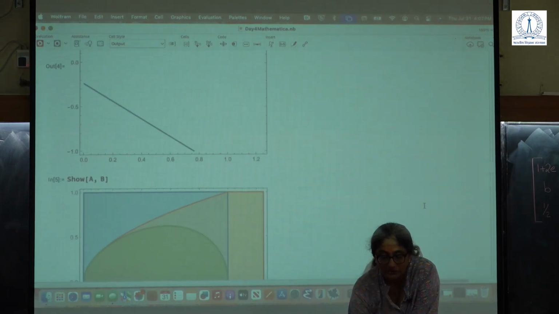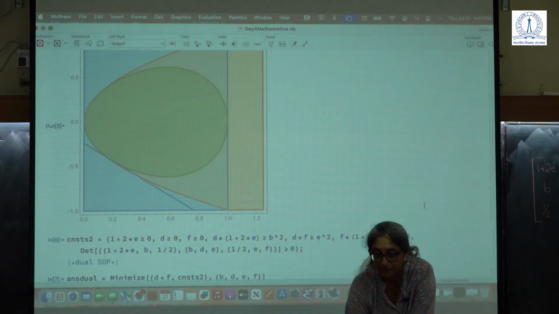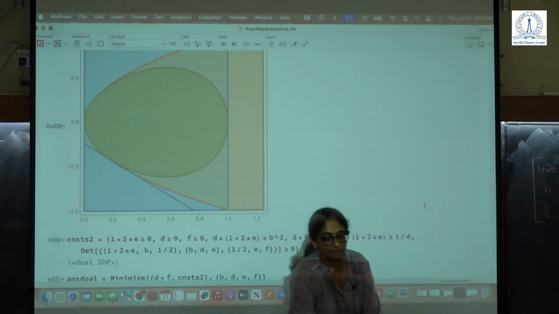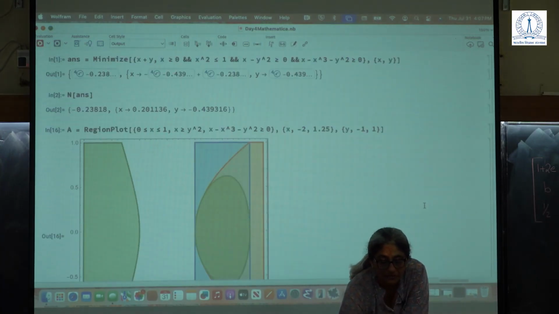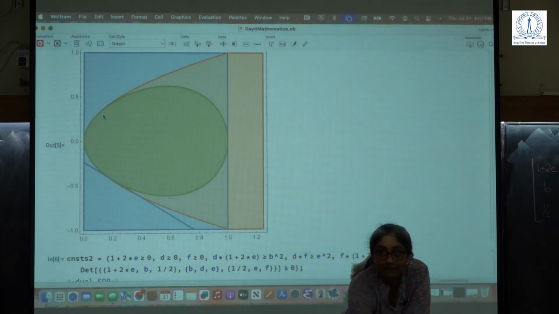We optimized it and we got this point here to be the optimal solution. If you remember, the optimal value is minus 0.23818. That was the optimal value of the primal problem, and it makes sense, it's down there somewhere.